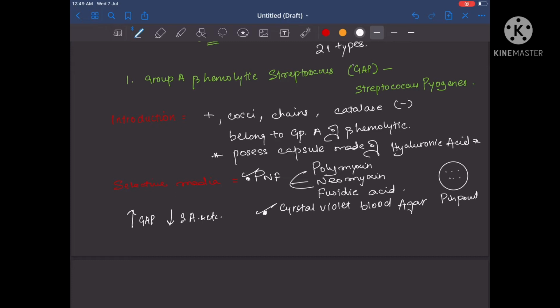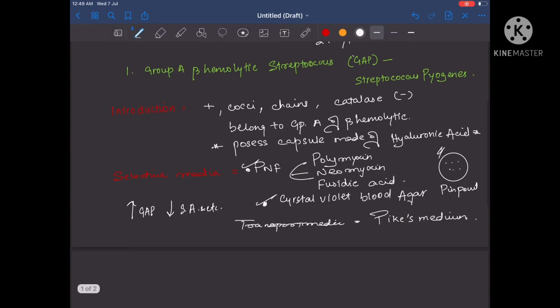And the last thing about this bacteria is the transport medium for Streptococcus. The transport medium is Stuart's medium. So with that, our selective medium portion is over.